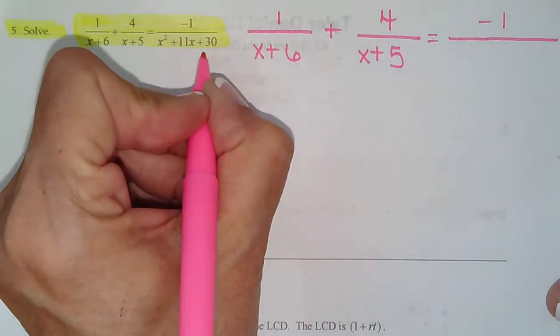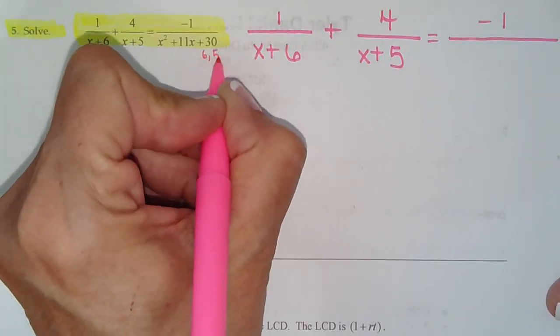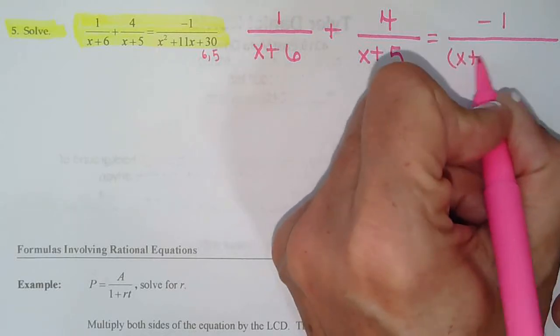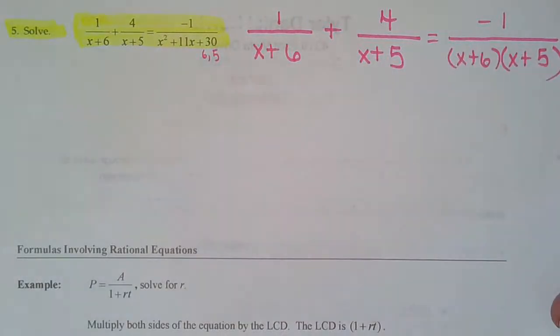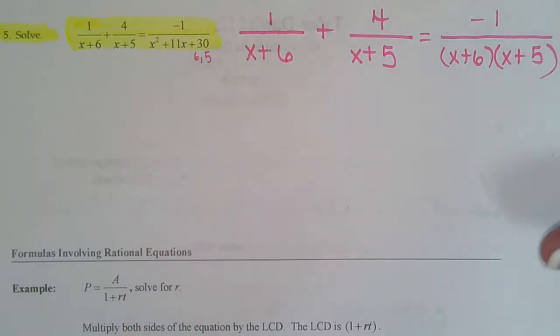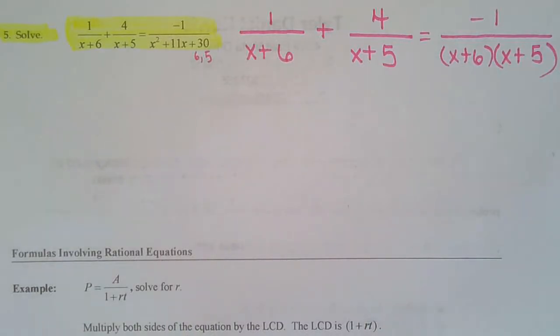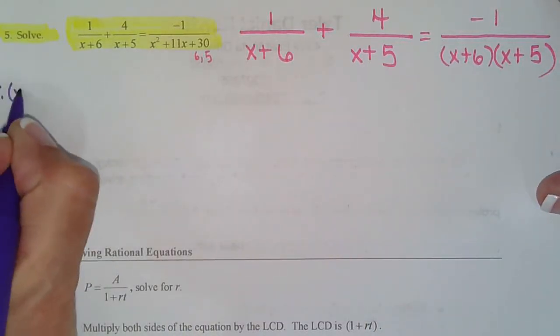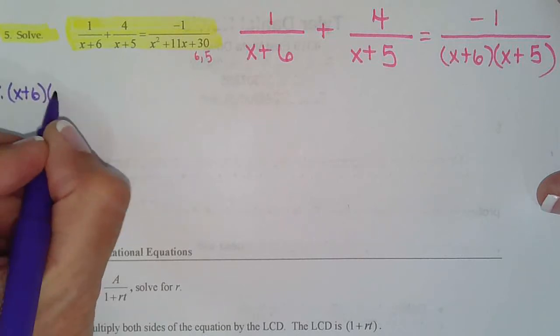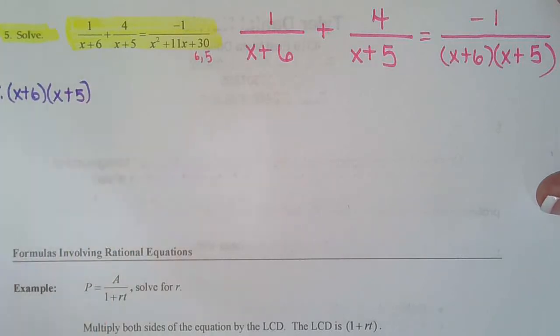So factors of 30 that add to 11, 6 and 5. So x plus 6, x plus 5, because it's all plus signs. So now it's pretty easy to tell what the LCD is, right? Write everything you see without repeating. I see an x plus 6 and I see an x plus 5. So the least common denominator, x plus 6, x plus 5.